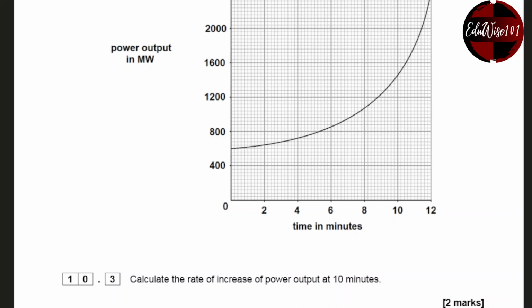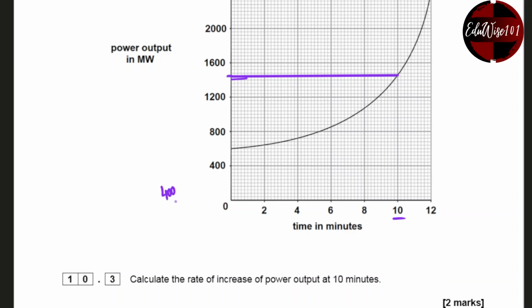At 10 minutes, which is here, and that's over there. So let's see, that's about 6.5 boxes. So between 6.5 boxes there. So let me draw a line. So each box, so that's 0 to 400.